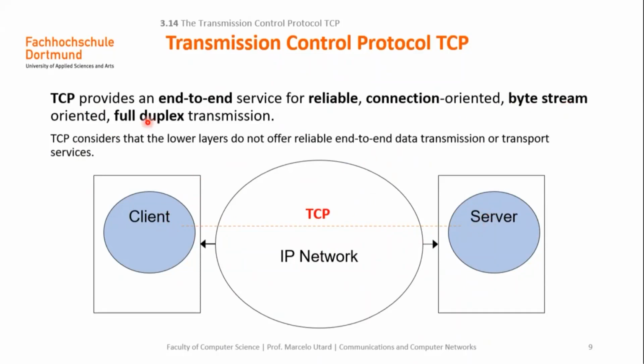It is a full duplex transmission, where one end sends data to the other, and in the other direction the other process transmits data to the first end system of the TCP connection.